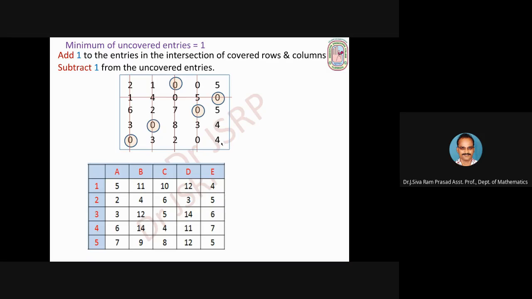So consider this is the original matrix. The missions are 1, 2, 3, 4, 5 and the jobs are A, B, C, D, E. The circled 0 entries represent fixed assignments.